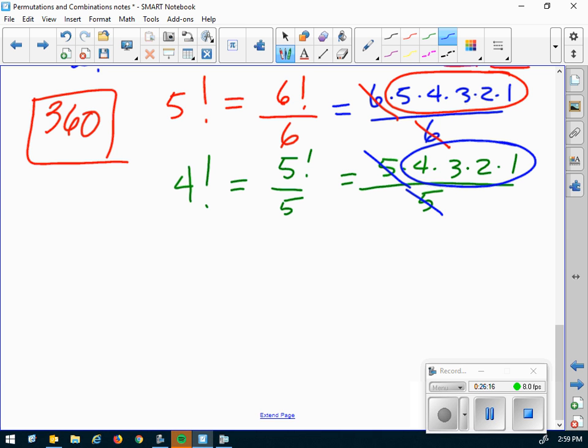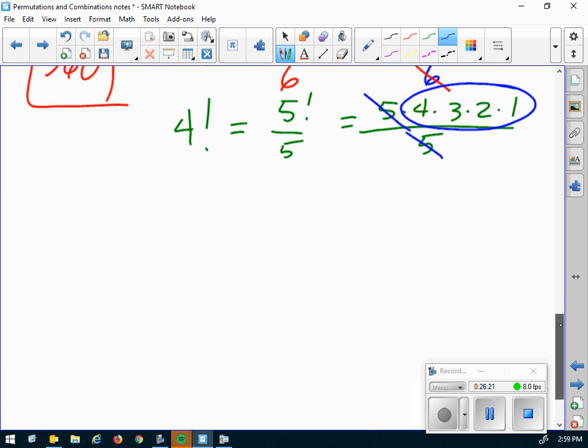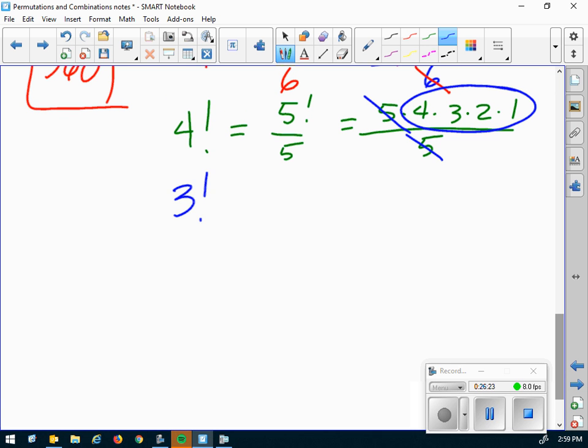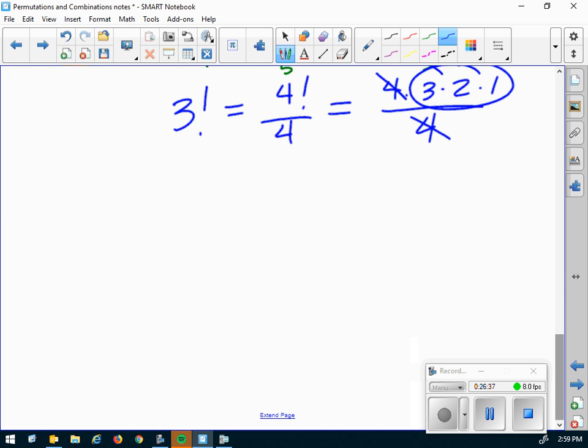So, you can probably guess the pattern I'm trying to show you. 3 factorial would be 4 factorial over 4, which would be 4 times 3 times 2 times 1 over 4, which is 3 factorial. 2 factorial would be 3 times 2 times 1 over 3.